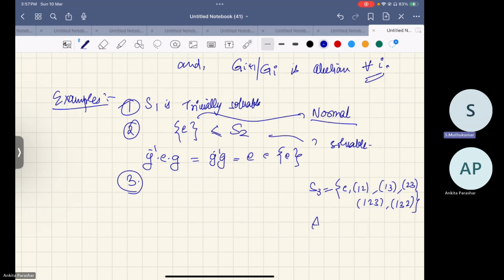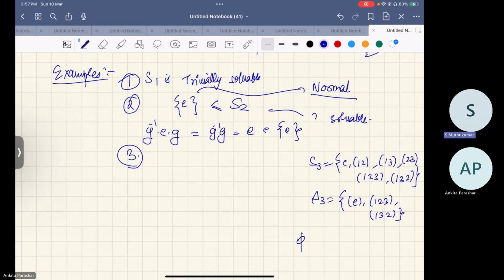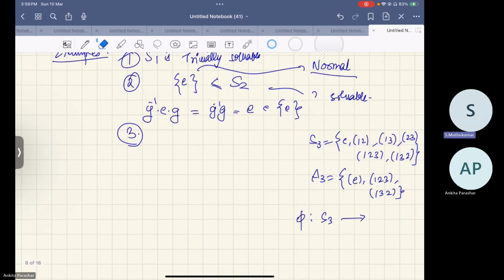You can make A3 the kernel of a homomorphism. Kernel of which map? Let's define the map that takes odd permutations to -1 and even permutations to +1.